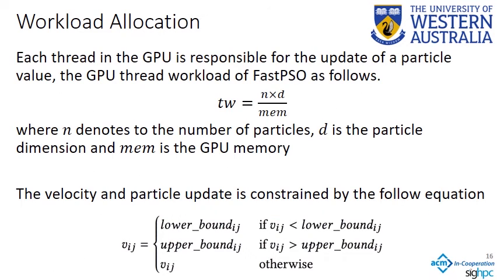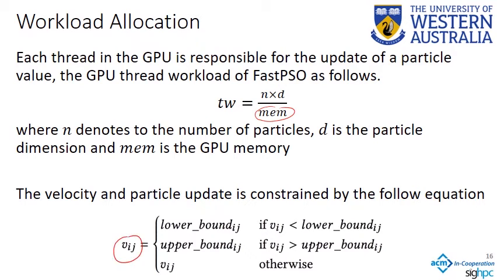And also in terms of the workload allocation, if the problem becomes very large, we cannot create one thread for each element in a particle. So we can use these formulas to limit the total number of threads that we need to use in our implementation, so that it will not run out of memory.